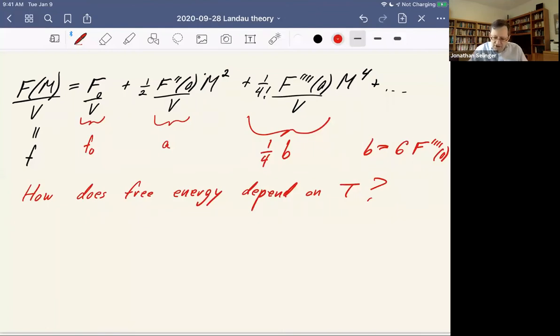And so it's not just a free energy of M, but it's a free energy of temperature and M. Okay? So that could go into the theory here by saying that all of these coefficients could be functions of temperature. So F0 is a function of temperature, and A could be a function of temperature, and B can be a function of temperature.